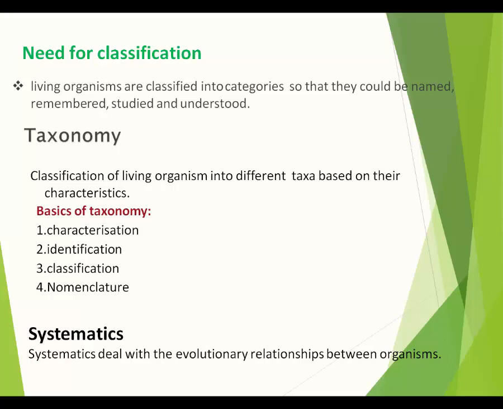Until and unless we categorize them, it will be impossible for us to understand how and why we are learning about them. So first of all, we are going to learn about two terms, taxonomy and systematics. Taxonomy is the classification of living organisms into different taxa based on their characteristics. So this is actually the science of classification.